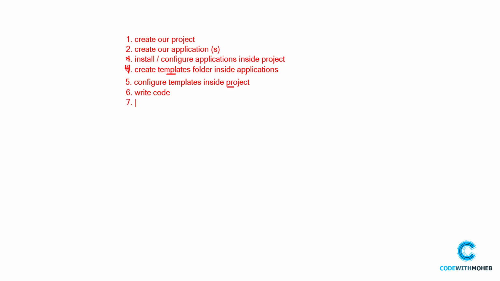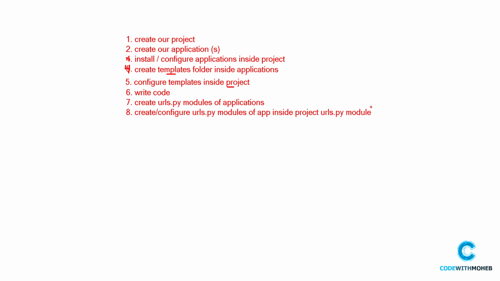Step number 7 is to create URLs.py modules of applications. And number 8 is to configure the URLs.py modules of applications inside the project's URLs.py module. We'll do this.